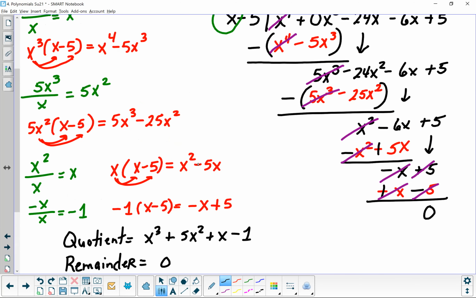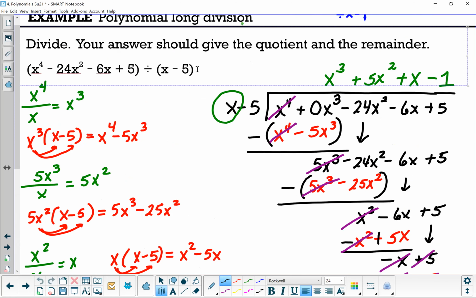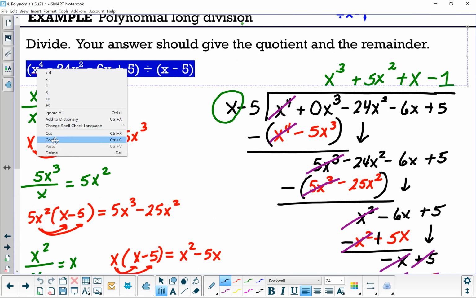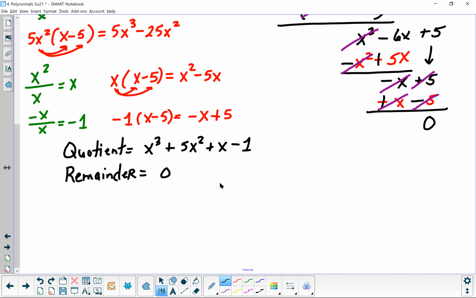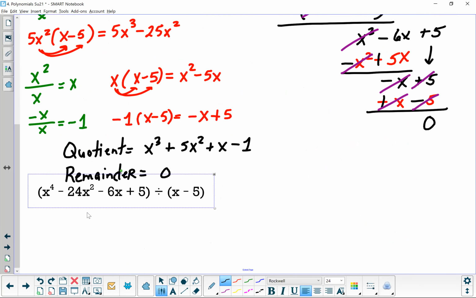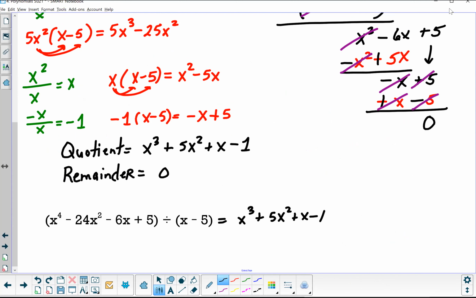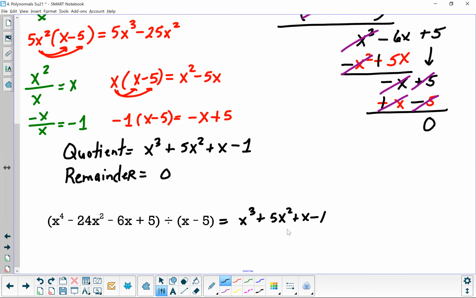All right, and when we look at the original question, we know that this is going to equal our quotient plus our remainder, which is 0. So here we just need to put the quotient because the remainder is 0.